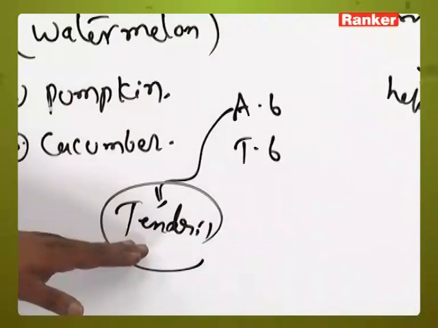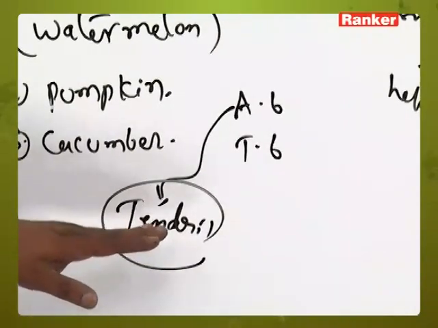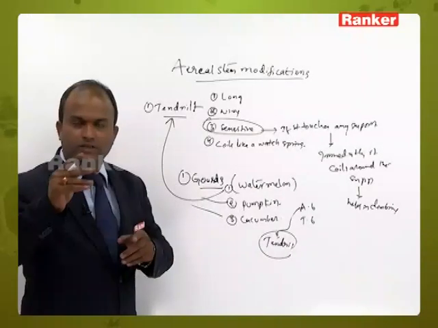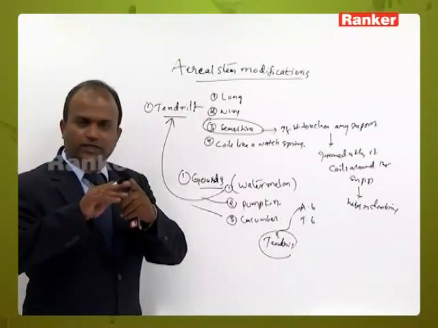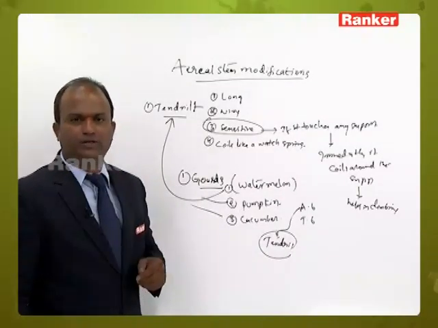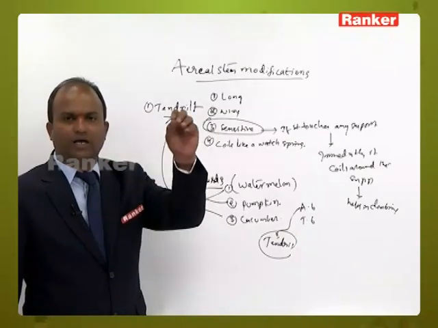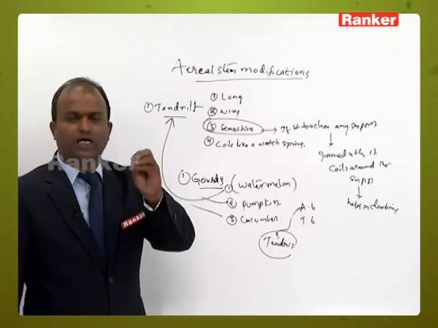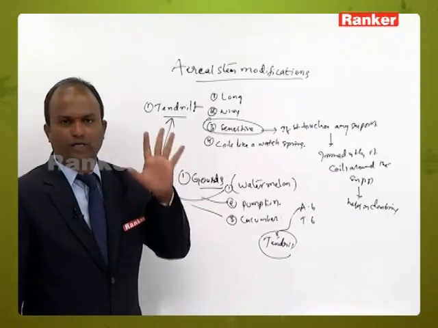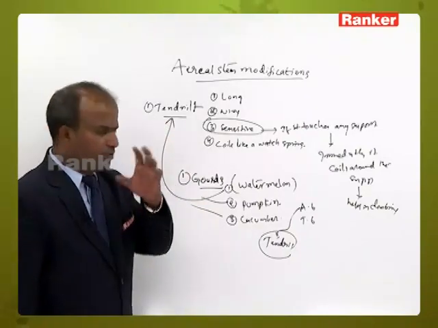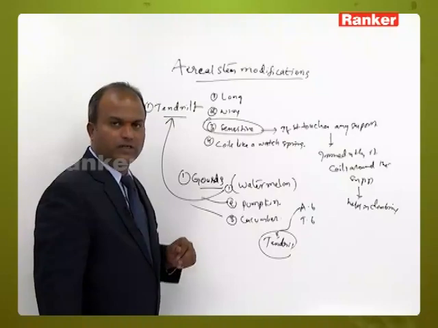Due to the sensitive nature, if they touch any support, they immediately coil around the support and help in climbing to receive sufficient sunlight, and they can prepare their own food materials by the process known as photosynthesis.